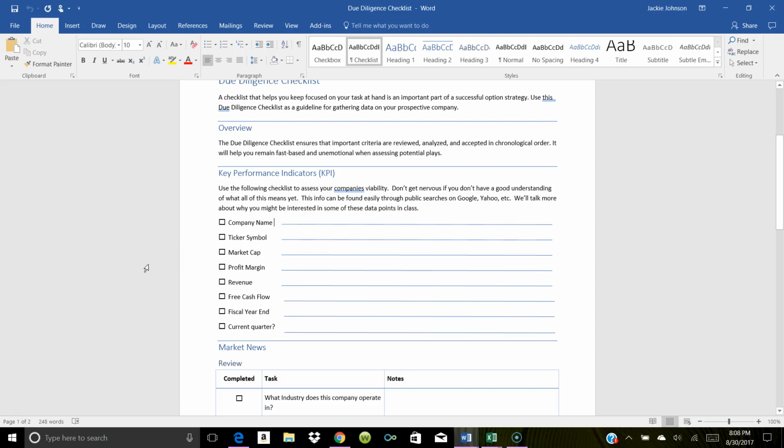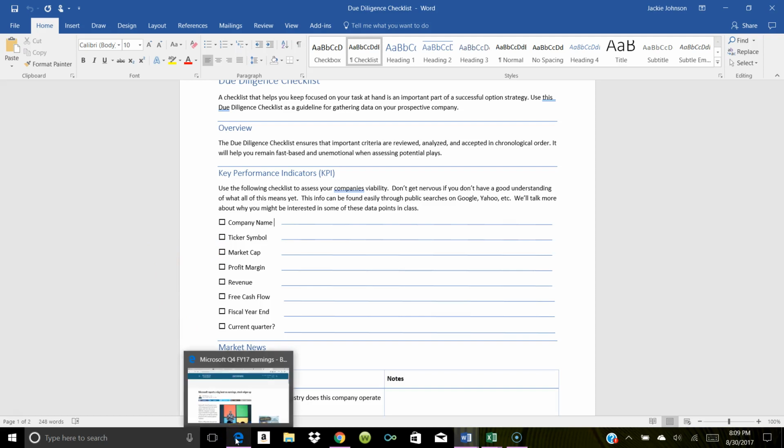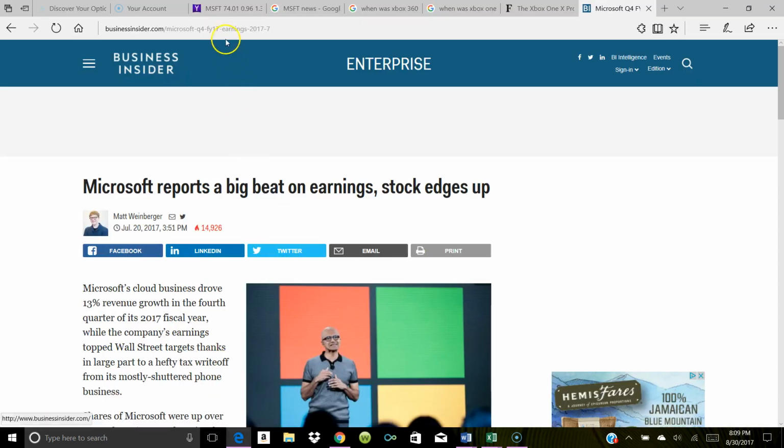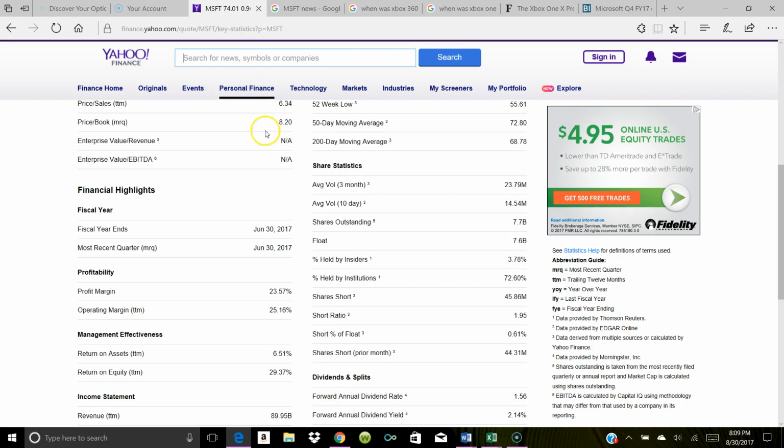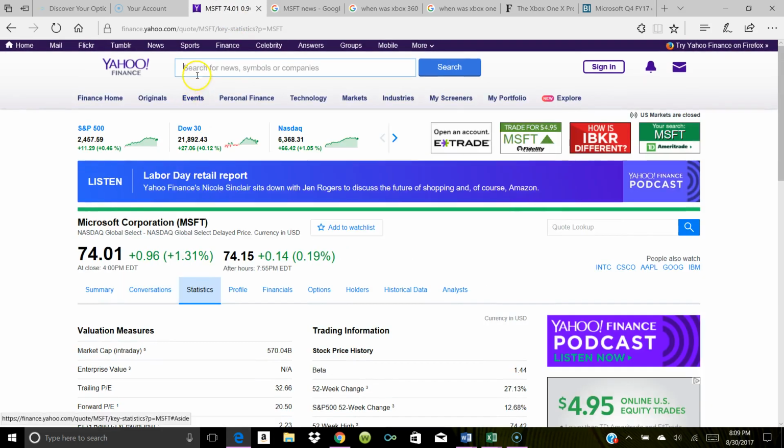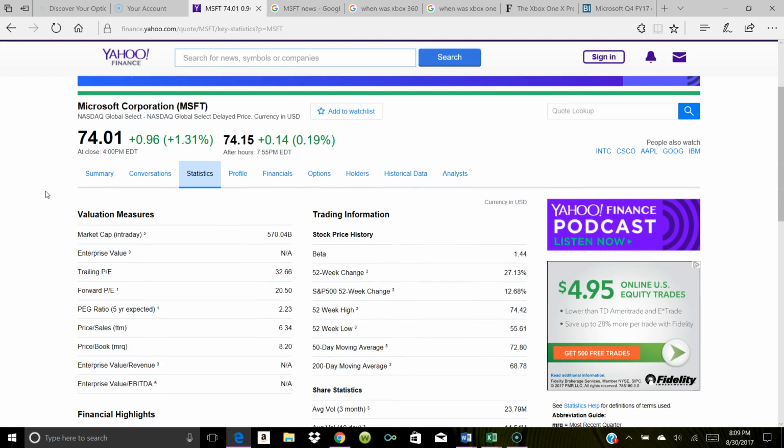The ticker symbol is MSFT, so you would type that in for that company. Now, if you're doing a company that you don't know the ticker symbol for, you simply go over to Yahoo Finance, type in your company, and that ticker symbol will pop up after you type it into the search bar.